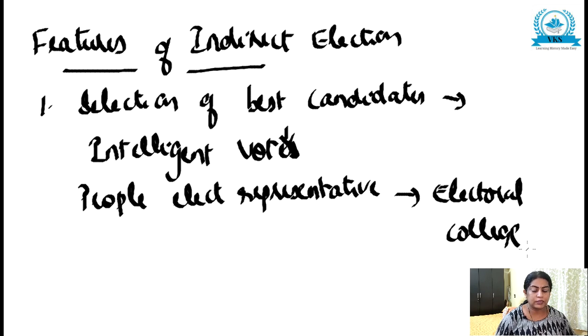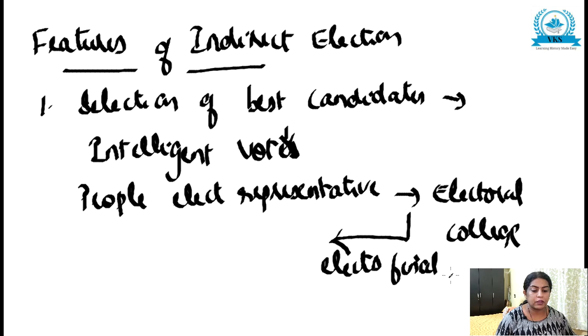That is the first stage. In the second stage, these representatives judiciously elect the final representative, that is, the representative of the legislature or head of the nation.